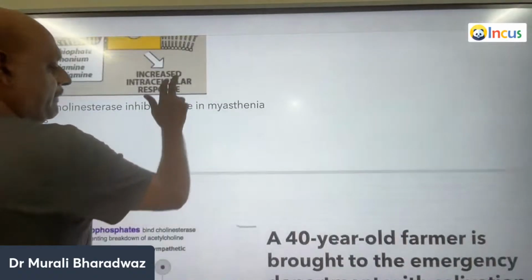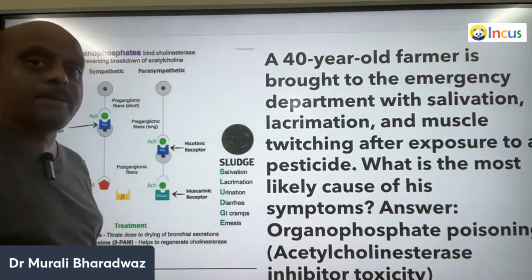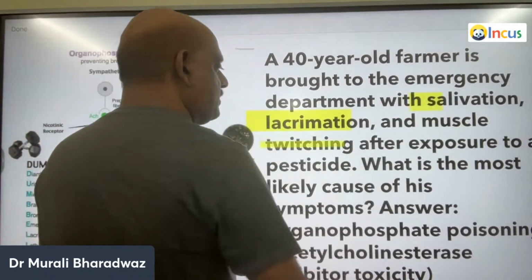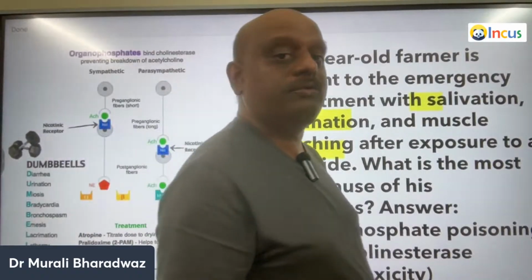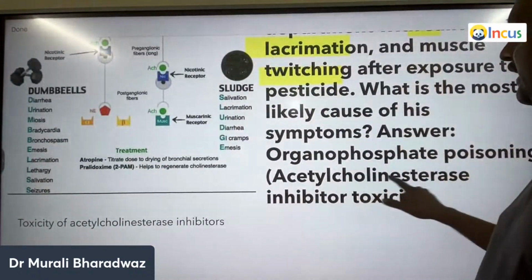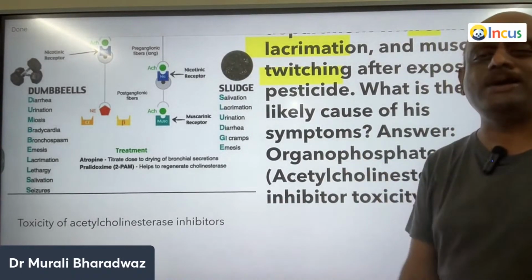A 40-year-old farmer brought to emergency because of the salivation, lacrimation, muscle twitching after exposure to pesticide. Classical of organophosphate poisoning. So what is organophosphate? It is acetylcholine esterase inhibitor. That means it increases the acetylcholine levels.